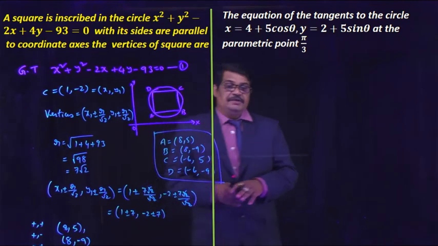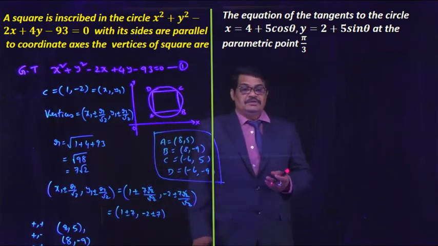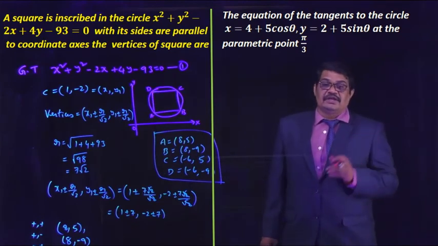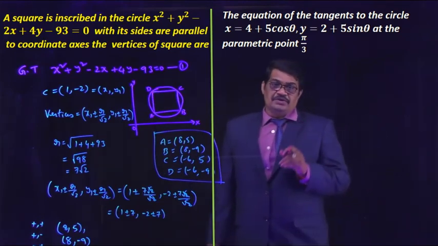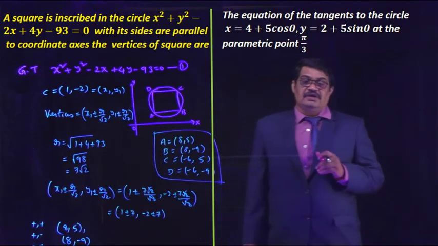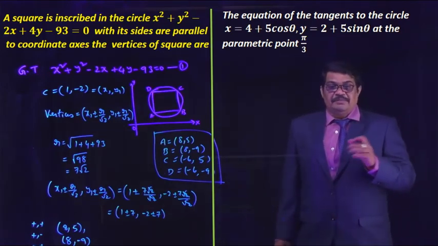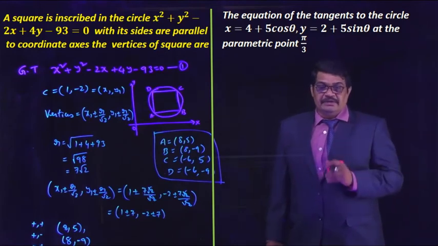Okay, see another problem here. The equation of the tangent to the circle x is equal to 4 plus 5 cos theta and y is equal to 2 plus 5 sin theta at the parametric point pi by 3.